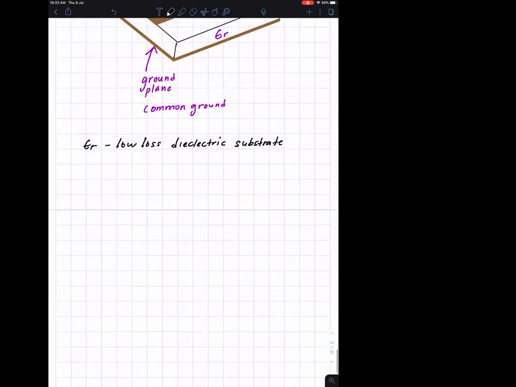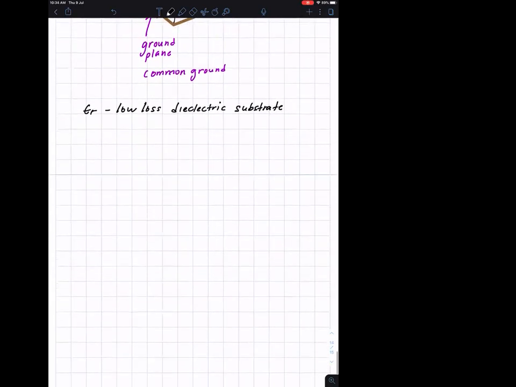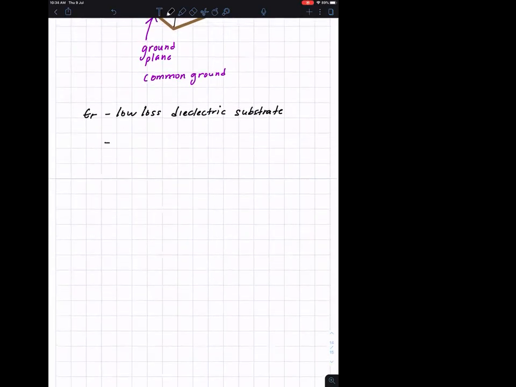Also note that when you buy this board, before you fabricate the microstrip, the board will have metal bonded on both sides. The last time, one student bought metal bonded on one side, and I asked him why he did that. He said he wanted to experiment and see if it would work.